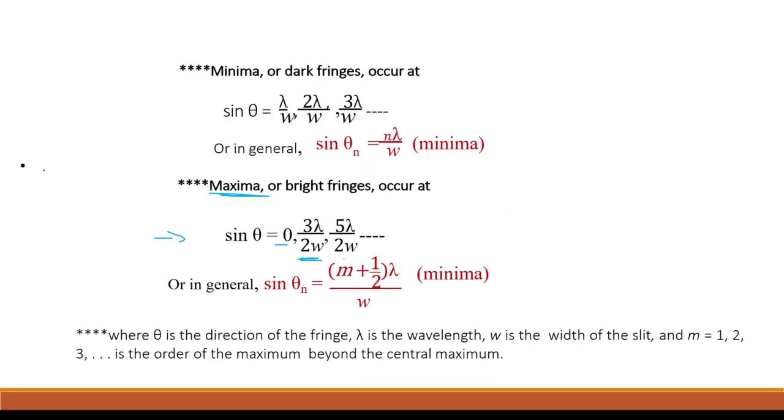And then the next one would be at 5 over 2 lambda over W, and on. And so in general, we can say that sine theta m equals m plus a half, times lambda over W, will always be our maxima.